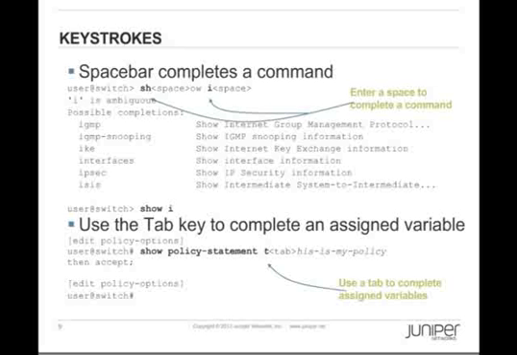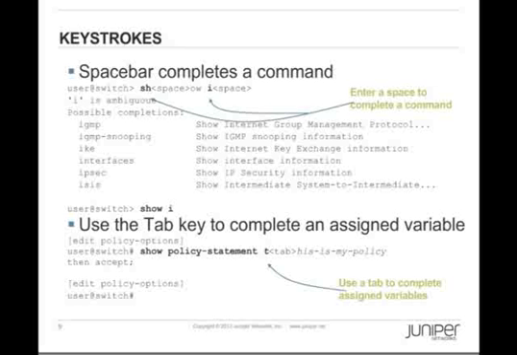So the keystrokes. When you're using Junos, you can simply use the space bar or tab to complete. Instead of very verbose, somewhat cryptic commands that you may be used to, Junos will always spell it out completely for you, but you don't have to.